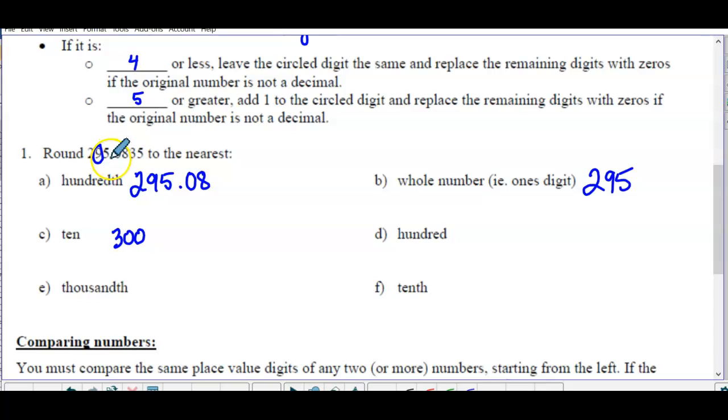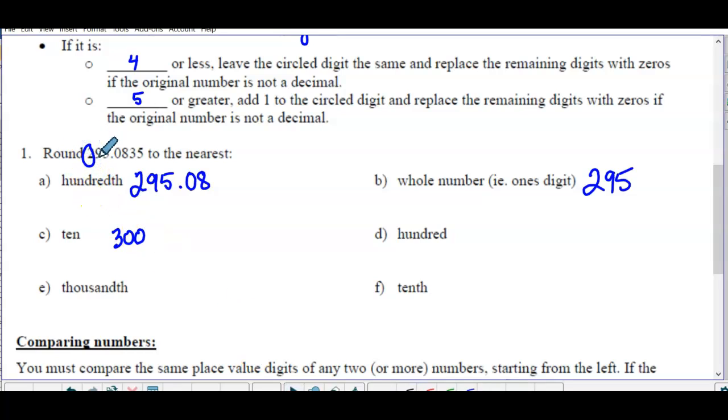Well, because of these decimal values, it's slightly closer to 300. Without them, it's halfway in between, but the rule is if it's 5 or greater, it goes up.